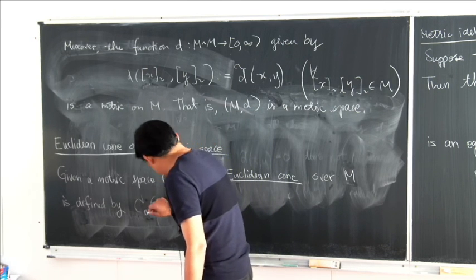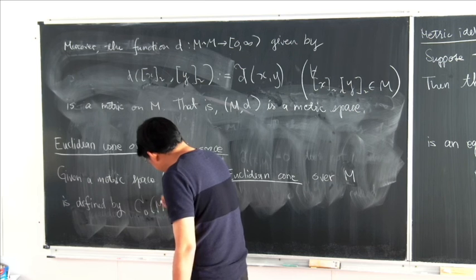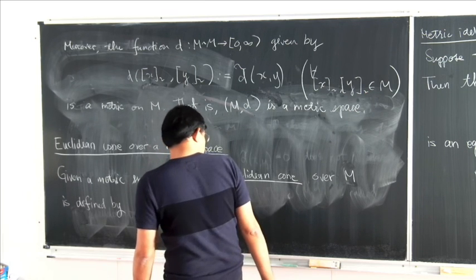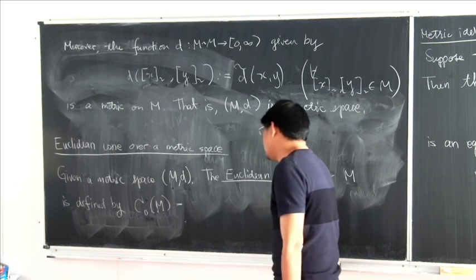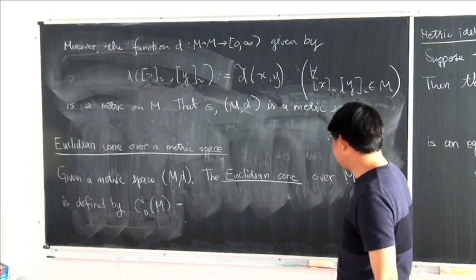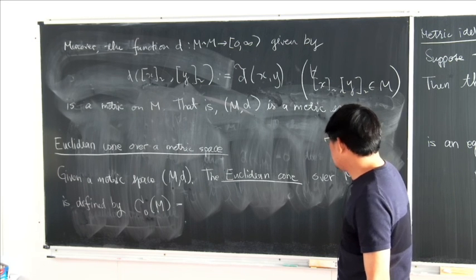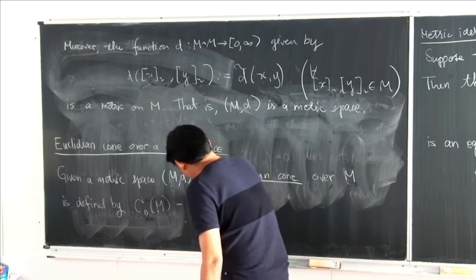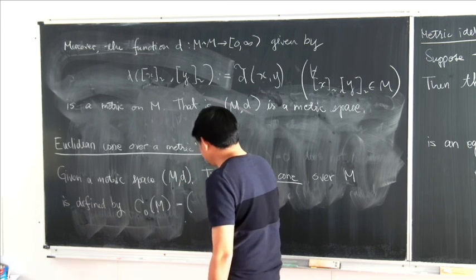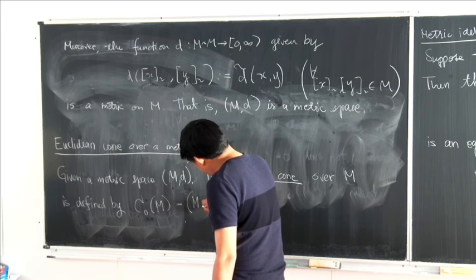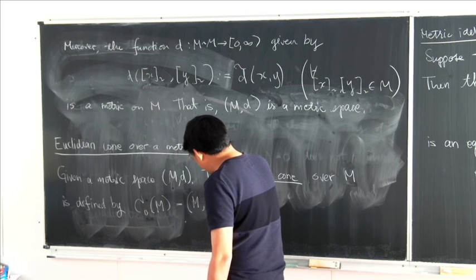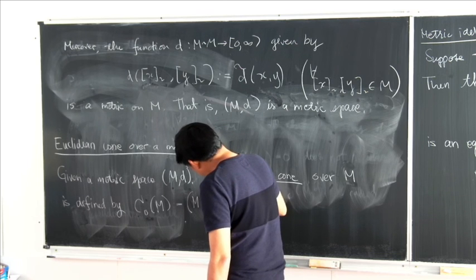Okay, so C0 of the space M is defined by the product space M and R plus. Let me write it in this way.